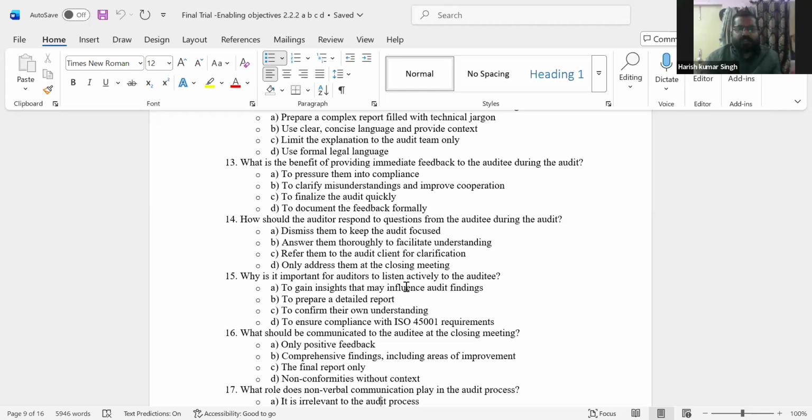Last question. 15th, why is it important for auditors to listen actively to the auditee? A, to gain insights that may influence audit findings. B, to prepare a detailed report. C, to confirm their own understanding. D, to ensure compliance with ISO 45001 requirements.